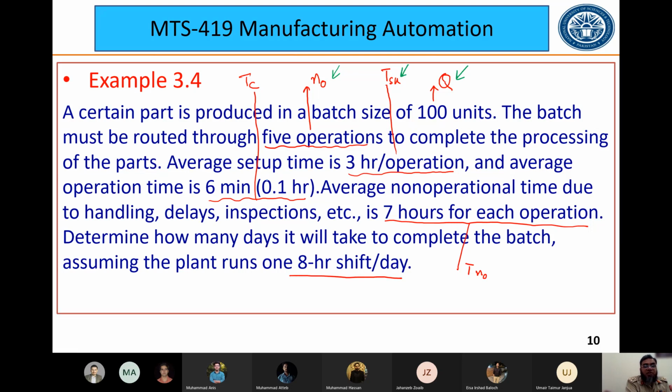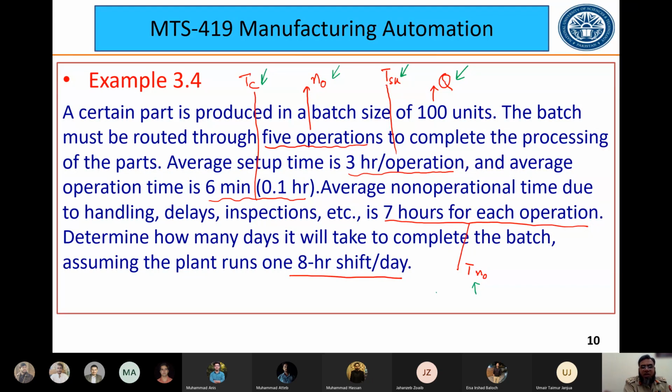And average operation time is 6 minutes, which is the cycle time actually. So each operation takes 6 minutes, which is 0.1 hour. This is the cycle time of each operation. And average non-operational time due to delays is 7 hours for each operation. So TNO is actually 7 hours for each operation.